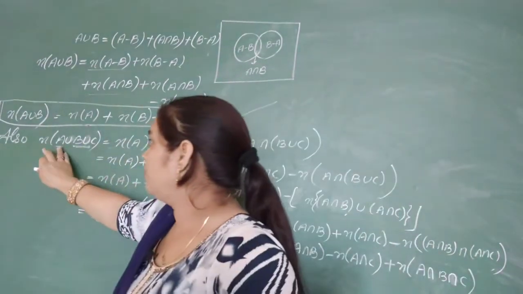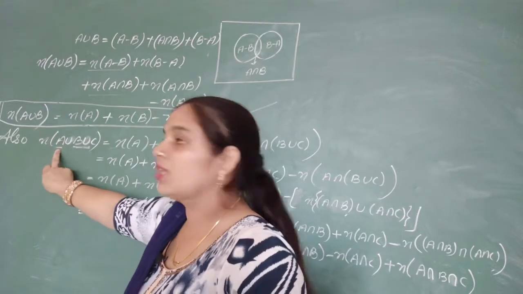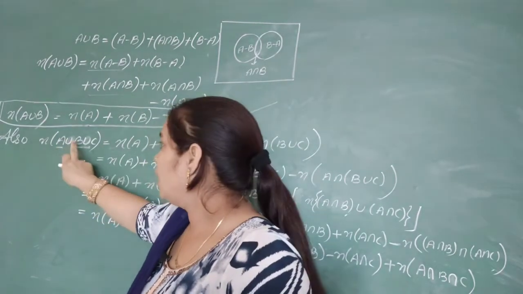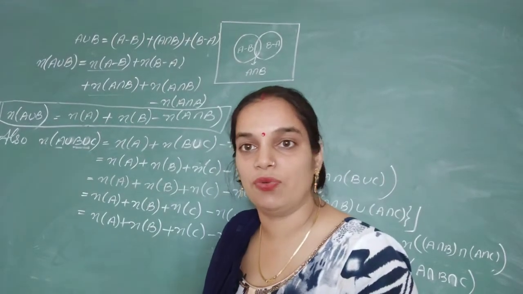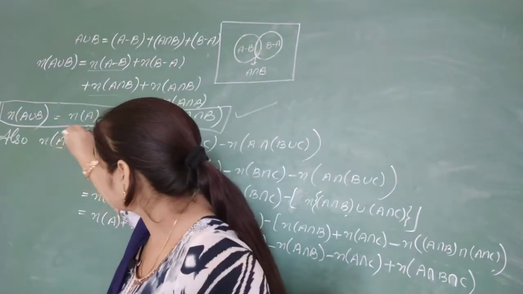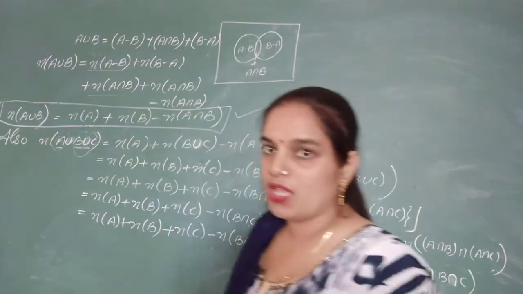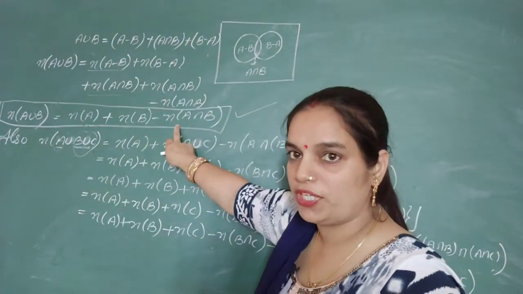Same as, we will take A union B union C, with A as the first set and B union C as the second set. At the place of B we will take B union C. Now we will apply this property.